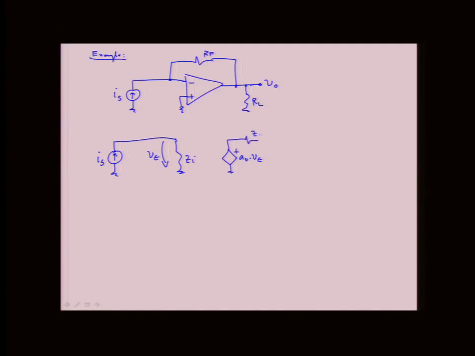And then we have some ZO, which is the output resistance. And then the feedback goes here, and then we have RL, and then V out. And if we identify the feedback network, it will be this piece, this RF. So this will be our feedback network.